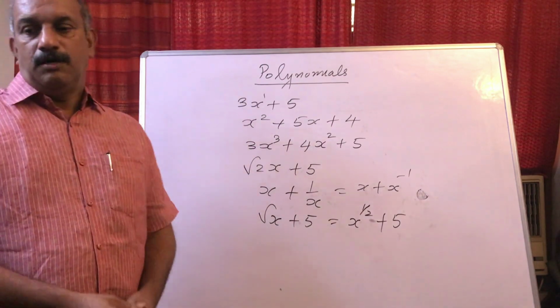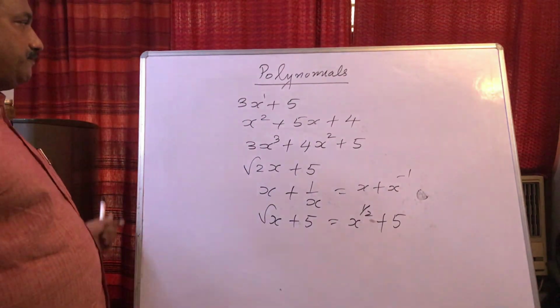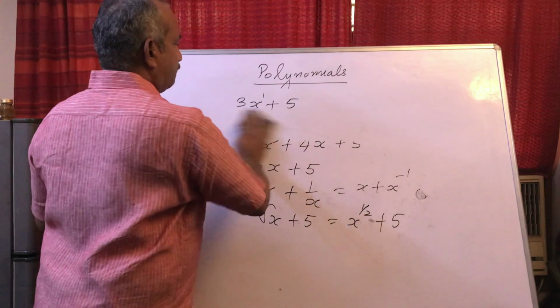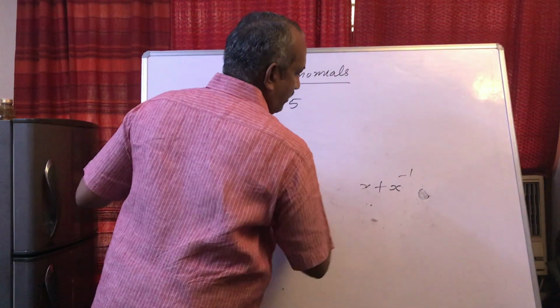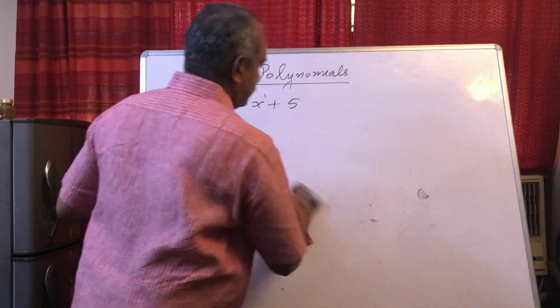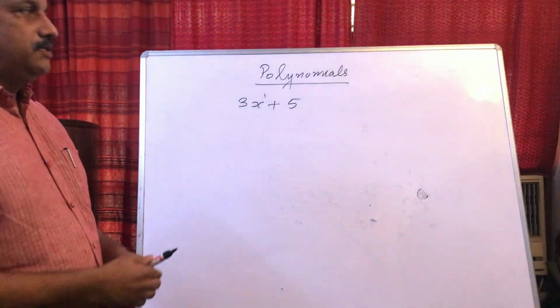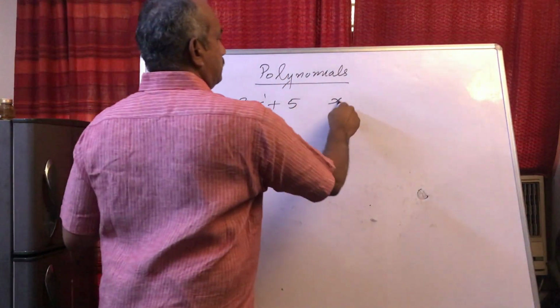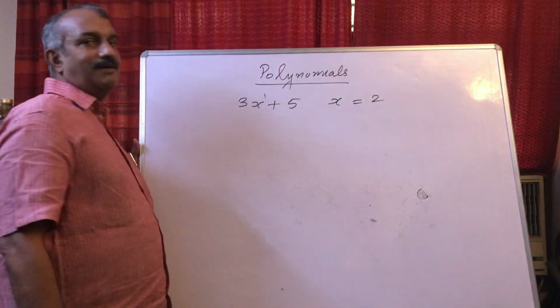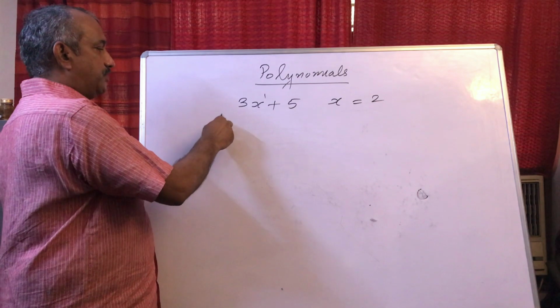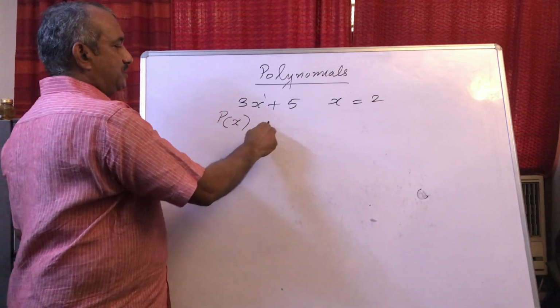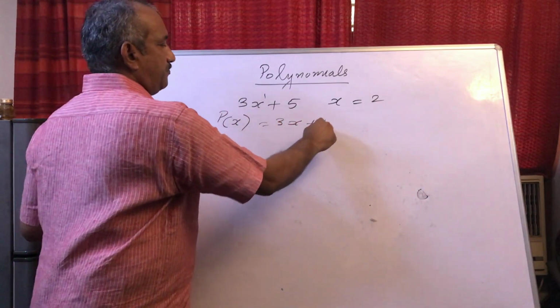Now again, value of a polynomial. If the value of the variable is given, we can find the value of the polynomial. Say for example, in this case, suppose it is given x is equal to 2. You find the value of the polynomial. So we will substitute. If you want, we can name the polynomial. Let p of x is equal to 3x plus 5.